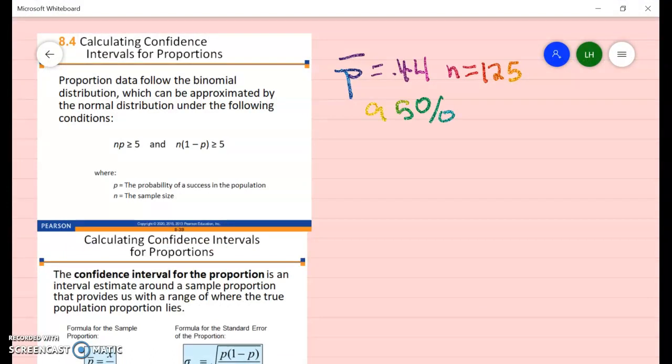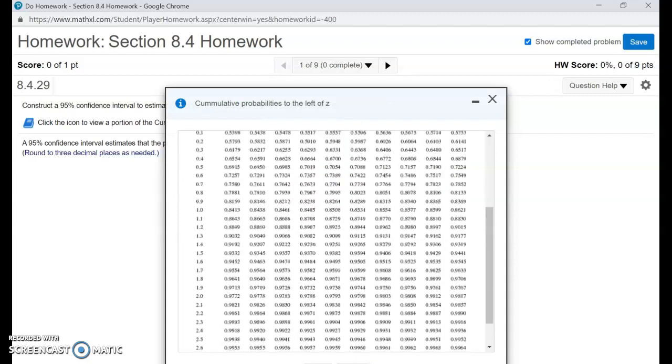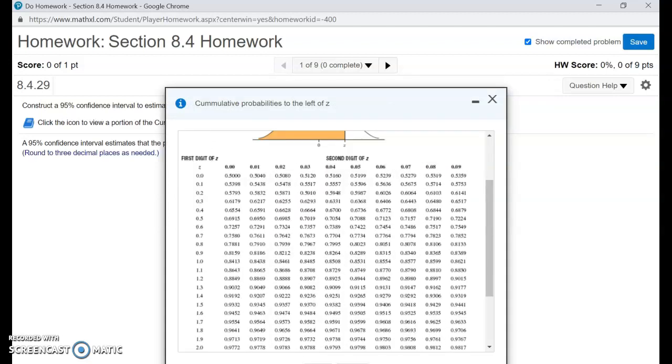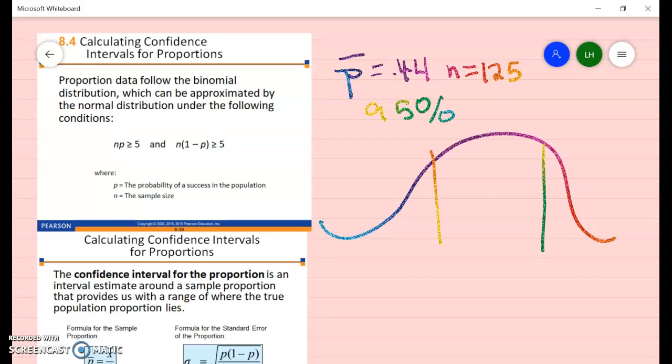All right, so here we go. We're going to use the table to get our z-score. And if you look up a z-score, now be careful here. Remember, 95% would be right here. 5 divided by 2 would be 2.5 here and 2.5 here.